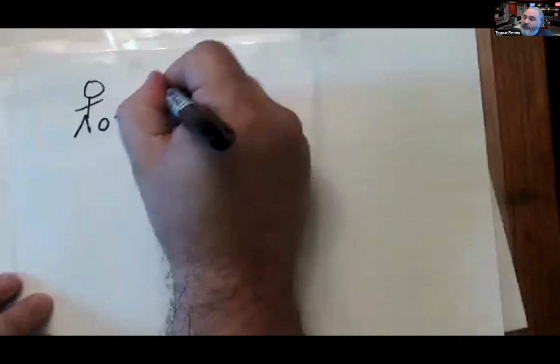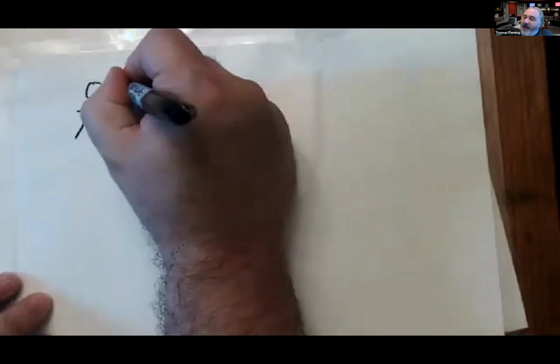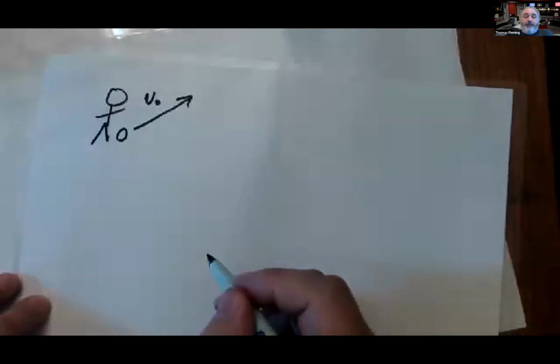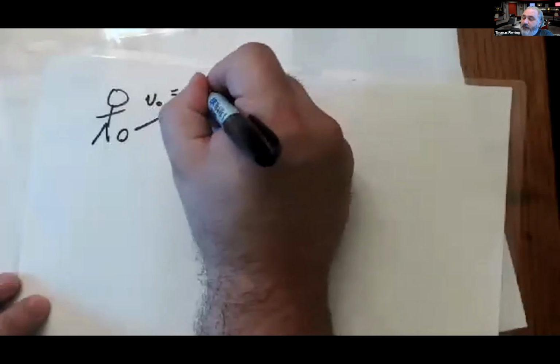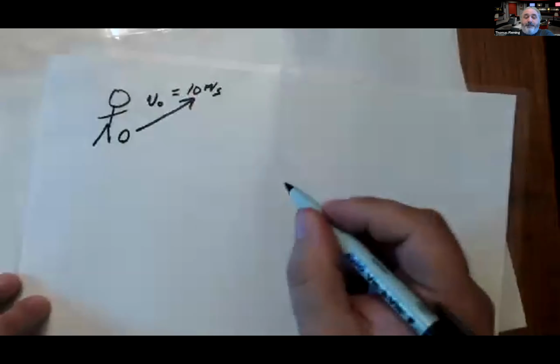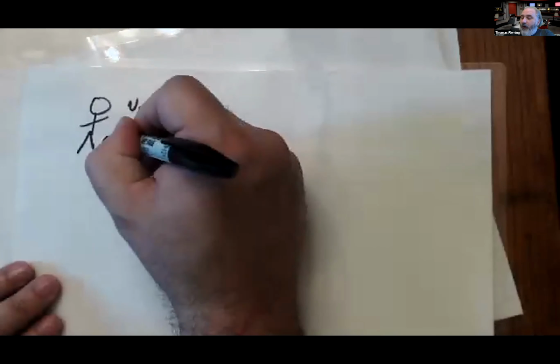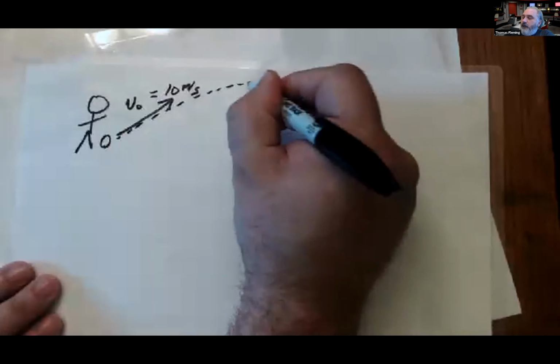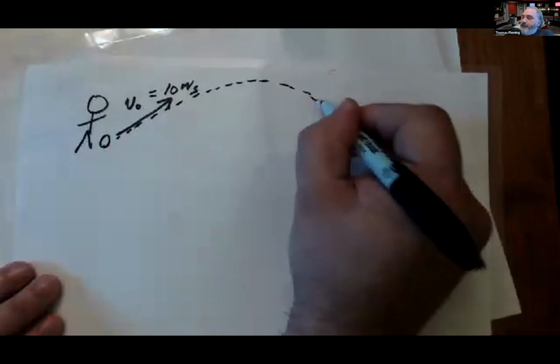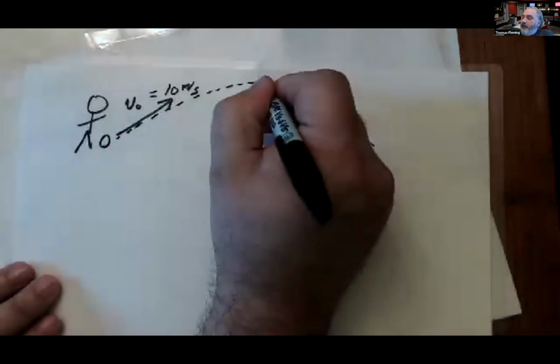And let's say he's kicking that football with a diagonal initial velocity of, let's say, 10 meters per second. And what I would like to figure out is how high, at its highest point, that football is going to go.